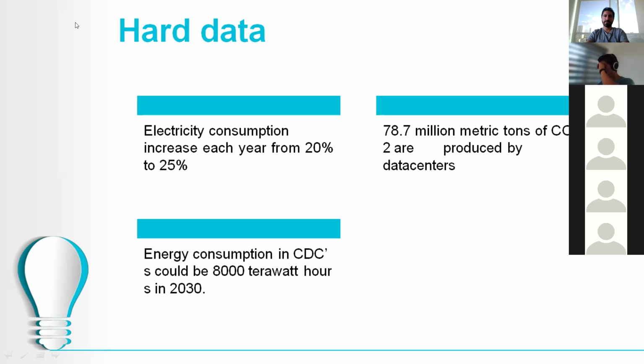Each year, the electricity consumption in CDCs is increasing by 20% to 25%. 78.7 million metric tons of CO2 are produced in data centers, which is really bad for the environment. And in 2030, the energy consumption in CDCs could be 18,000 terawatt-hours. So it is too much.